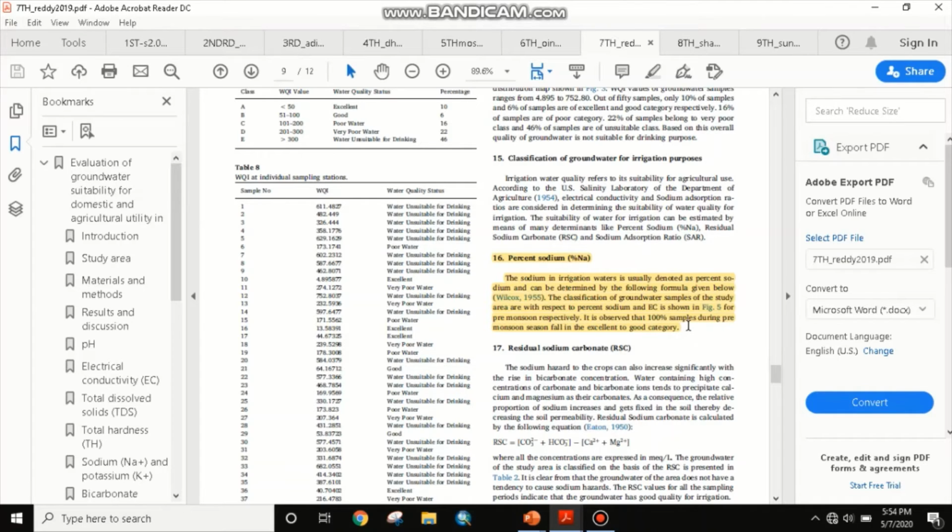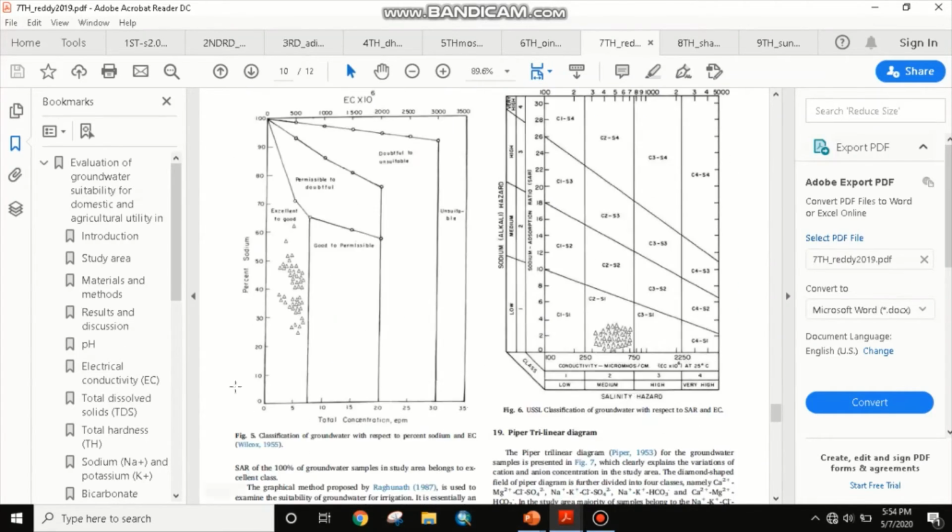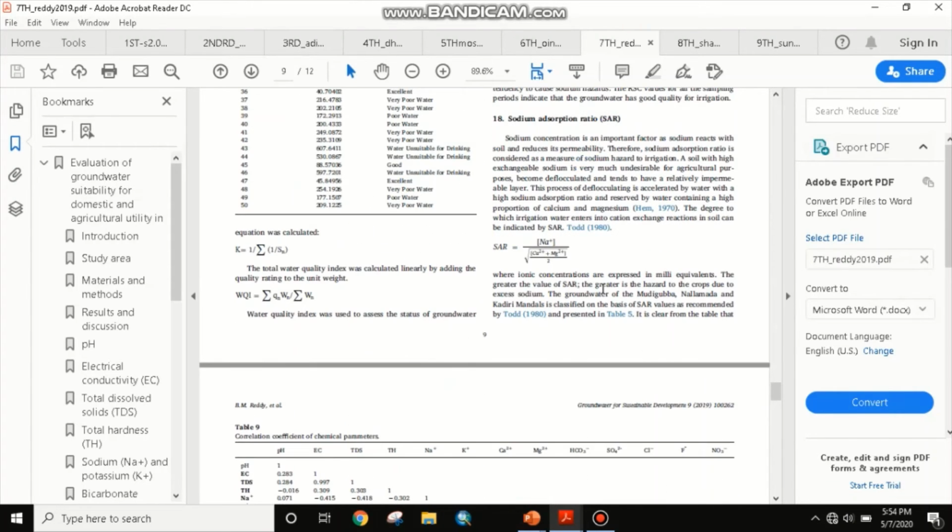It is observed that 100% of samples during pre-monsoon fall in the excellent to good category. So here this last line we can see, this is the interpretation of the Wilcox diagram. So you can see here all the samples are located in the excellent to good category. So 100%, that's why they have written 100% samples.